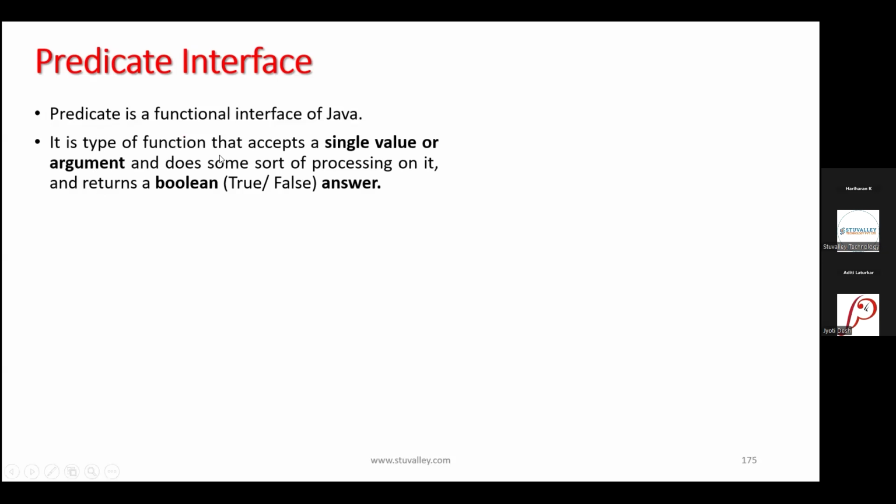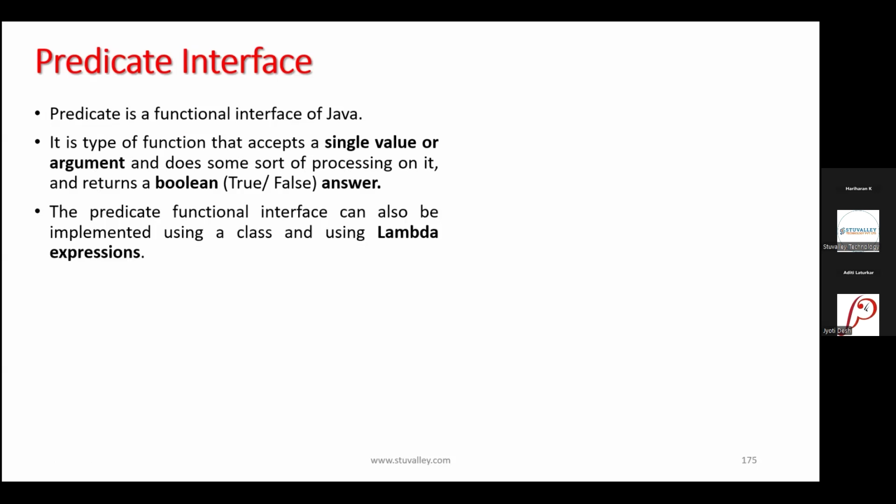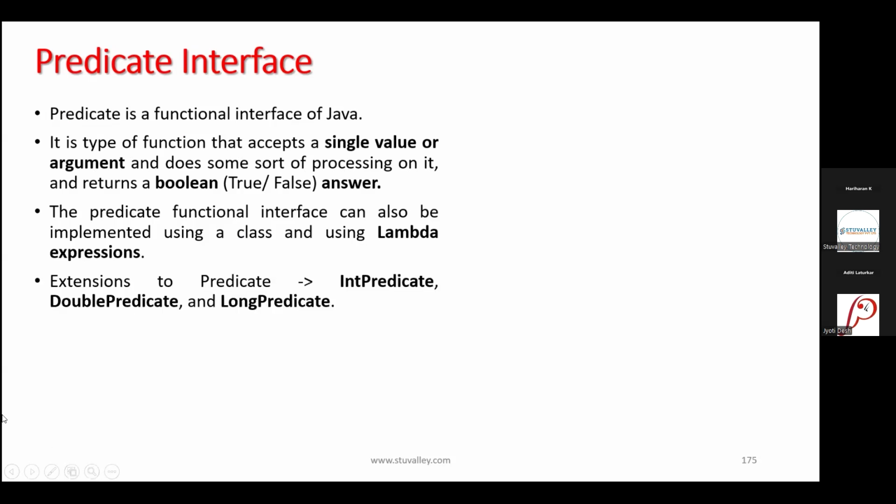It is a function that accepts a single value or argument, does some sort of processing on it and returns a Boolean value, true or false, as an answer. The Predicate functional interface can also be implemented using a class, lambda expressions or an anonymous inner class. There are some extensions to this Predicate interface, that is IntPredicate, DoublePredicate, LongPredicate.